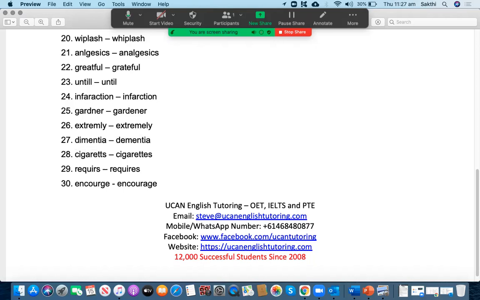See, cigarettes has the spelling of CIGARETTES. So the one without E after TT is an incorrect spelling. Requires needs this spelling, REQUIRES. That's the correct spelling. And then encourage. Please encourage him to do that. So here you have written an incorrect spelling, because it's ENCOURAGE. That's the correct spelling.